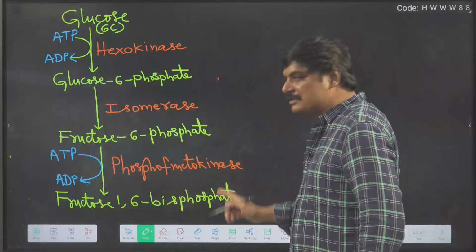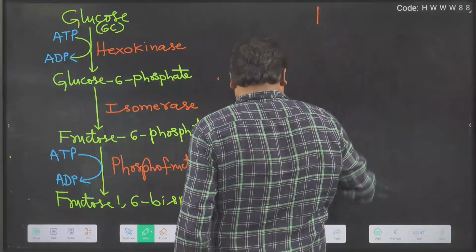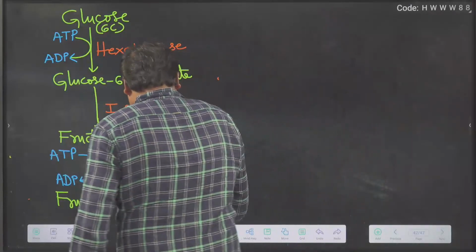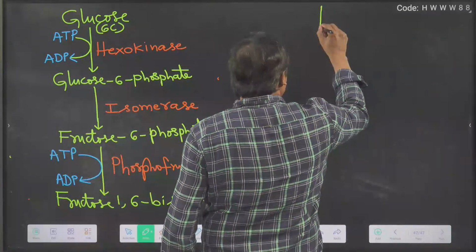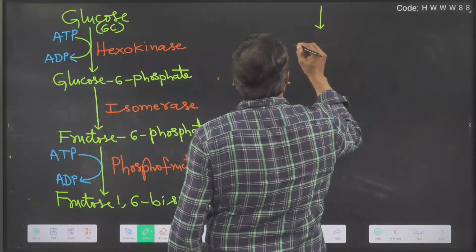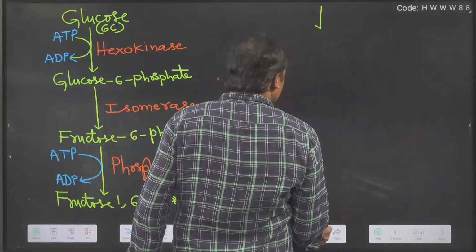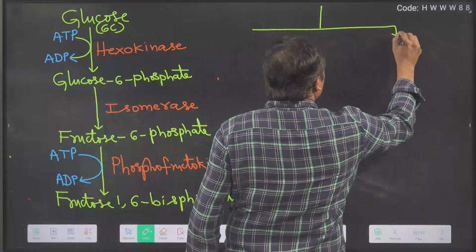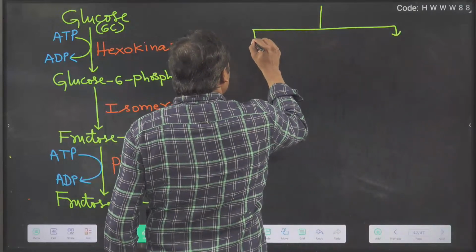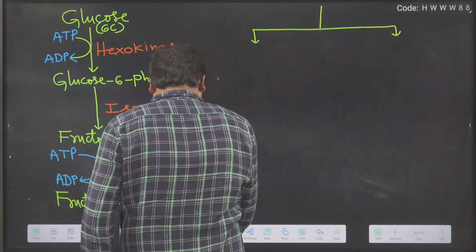Fructose 1,6-bisphosphate splits into two molecules of 3-carbon compounds.